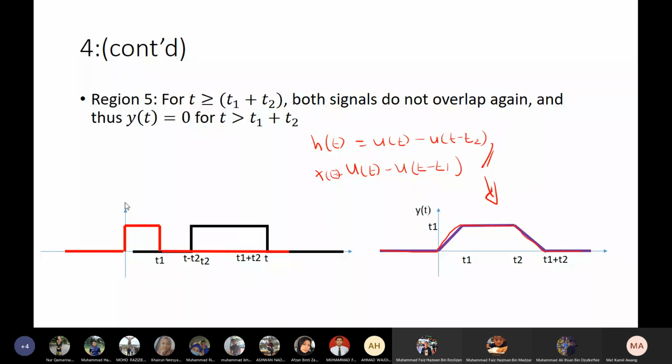Okay. For the convolution, you need to recognize piece by piece where you want to convolve. So in this case, you have 5 regions. So if you look at it, y of t is equal to the convolution.